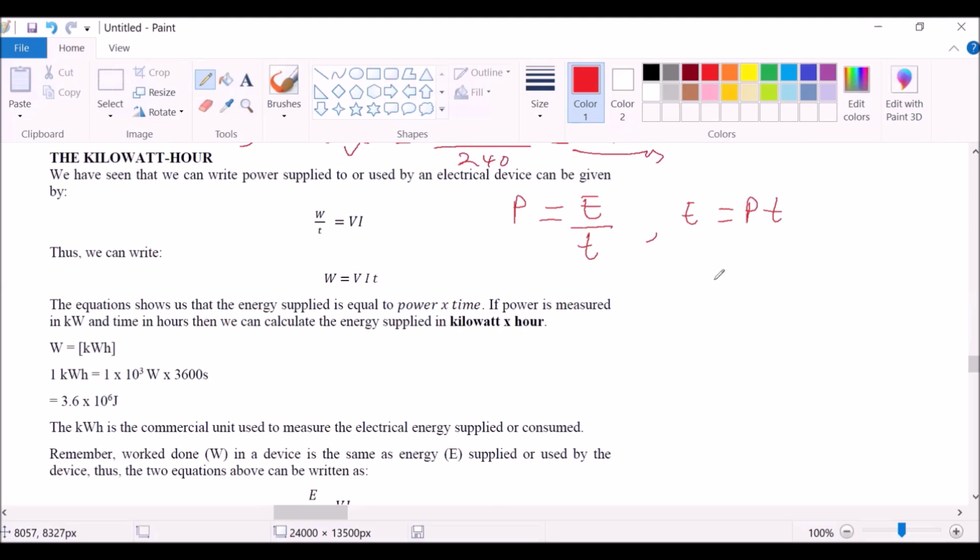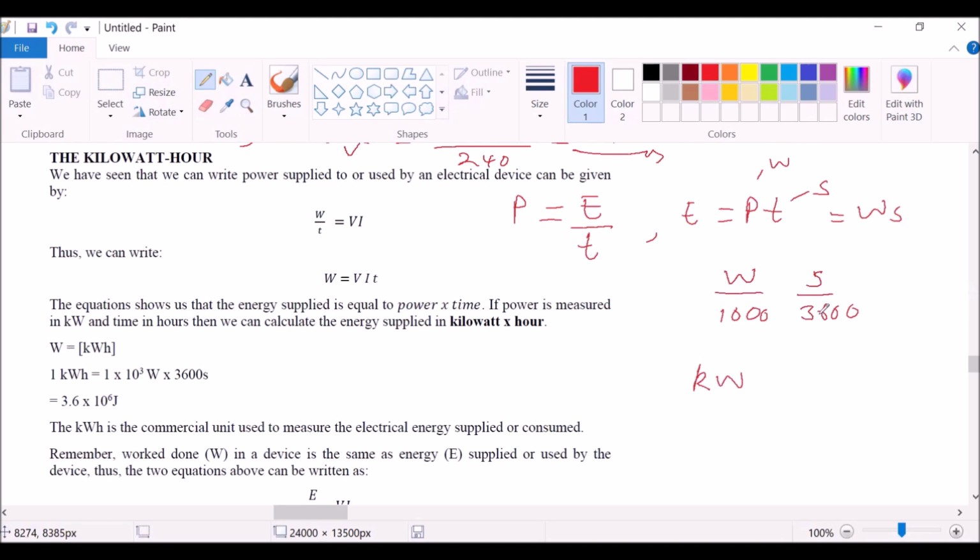If power is measured in watts and time is measured in seconds, we can say the unit of energy is watt seconds. To convert power to kilowatts, we can divide the watts by 1000, and to convert the seconds to hours, we can divide by 3600. Dividing by 1000 will give us kilowatts.